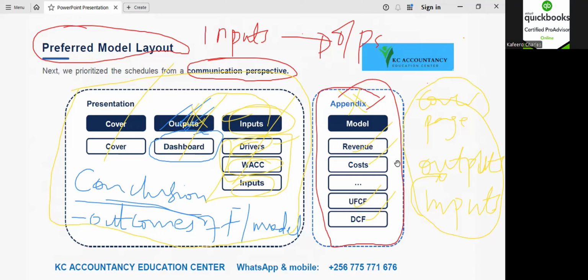And what we are going to include in that tab is the model itself.